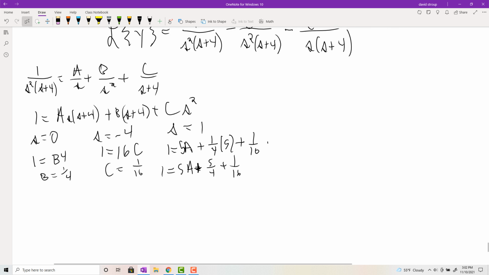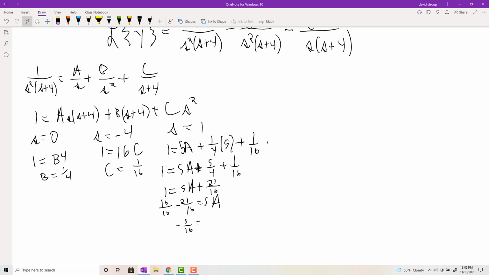Find a common denominator there. 1 equals 5a plus 21/16. So 16/16 minus 21/16 equals 5a, which totally seems wrong. It'll be negative 5/16 equals 5a, so a equals negative 1/16, I hope.